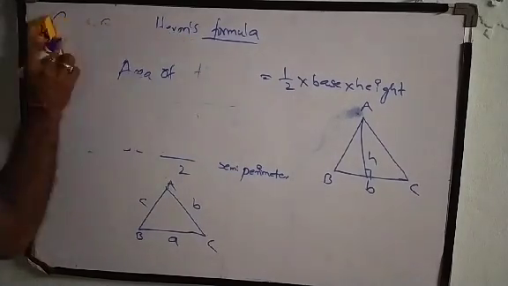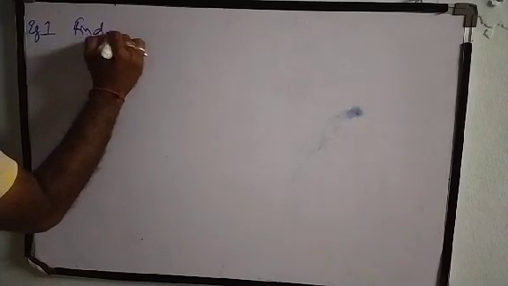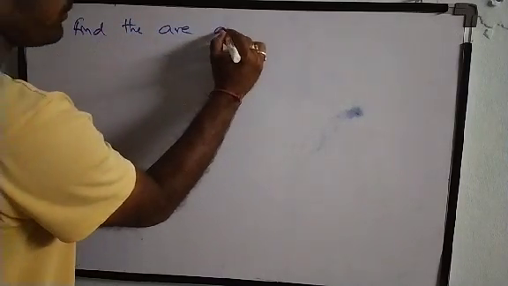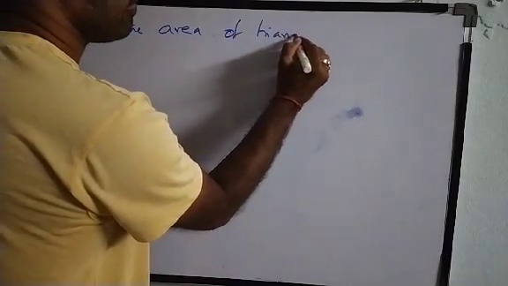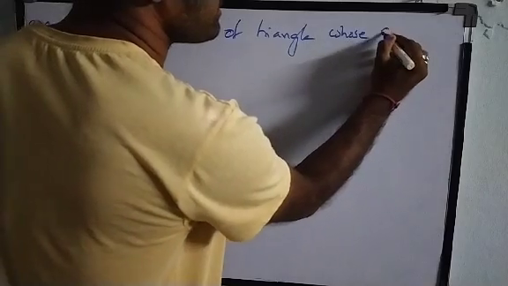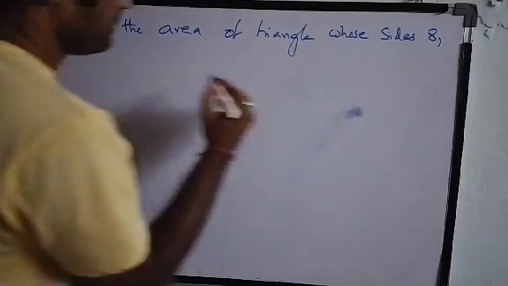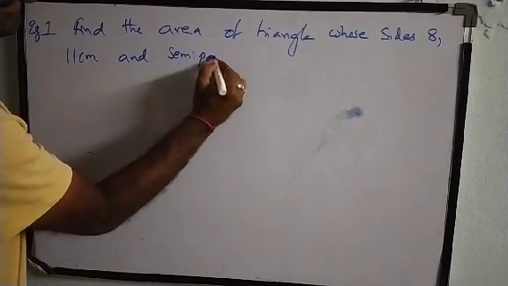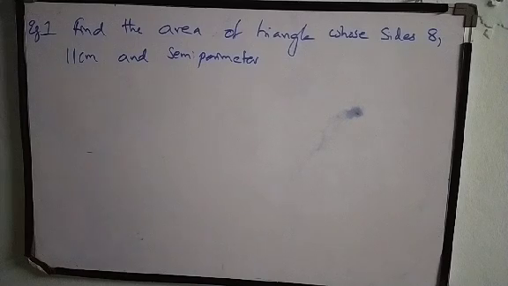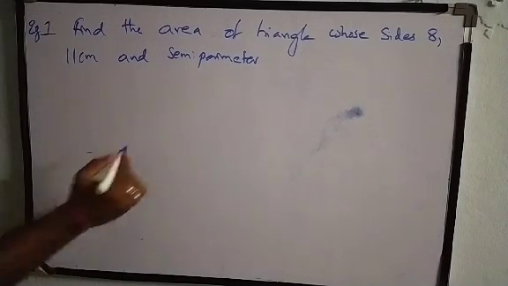So let us take one question. Example 1. Find the area of a triangle whose sides are 8, 11 centimeter and semi-perimeter 32 centimeter.